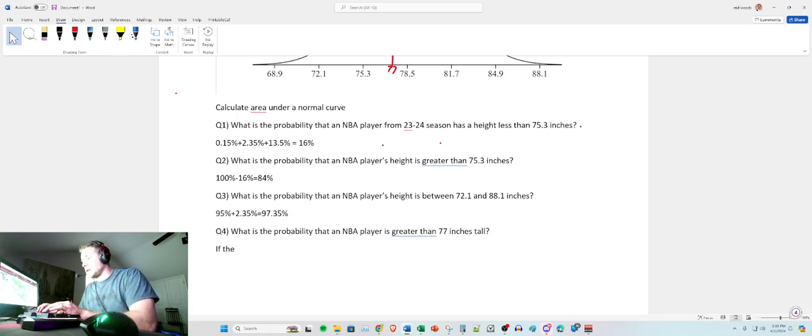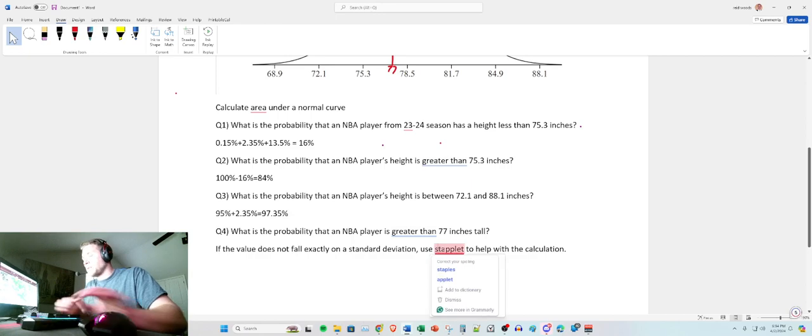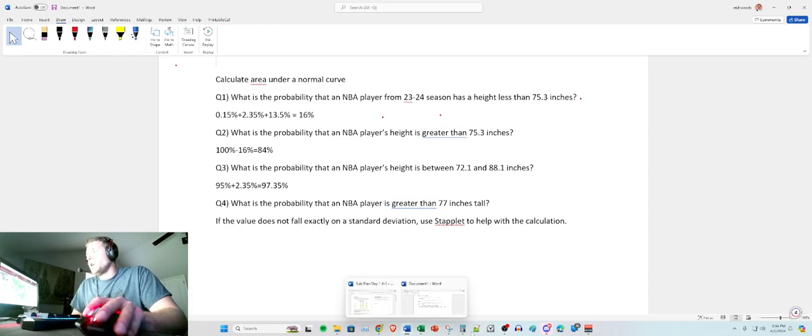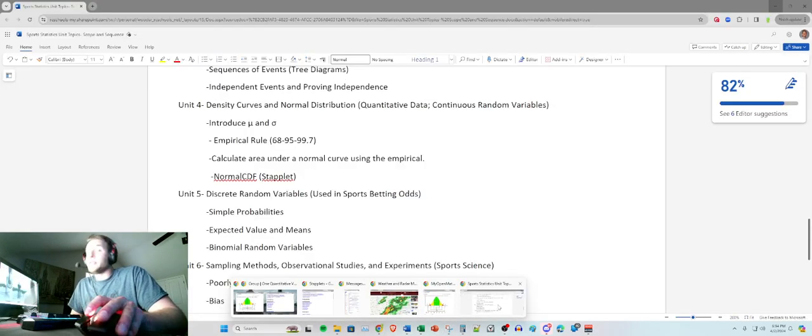If the value does not fall exactly on a standard deviation, use Stapplet to help with the calculation. So we're getting some technology involved here, and this actually makes things pretty smooth. And you'll be doing this quite a bit in your assignment that we're going to explain shortly.